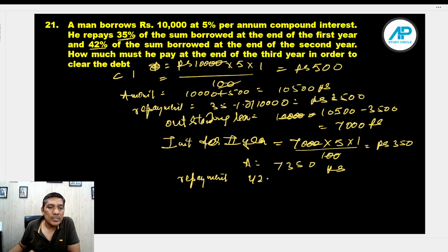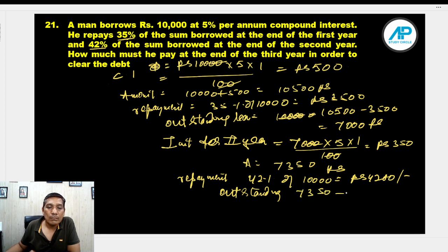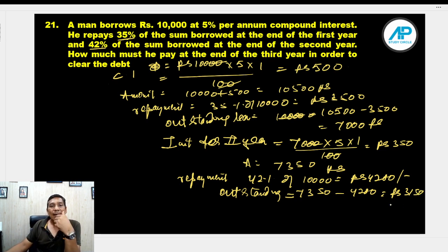Payment is 42% of 10,000 rupees, 4,200. So the outstanding value is 7,350 minus 4,200, rupees 3,150. So at the end of 2 years, my remaining loan is rupees 3,150.